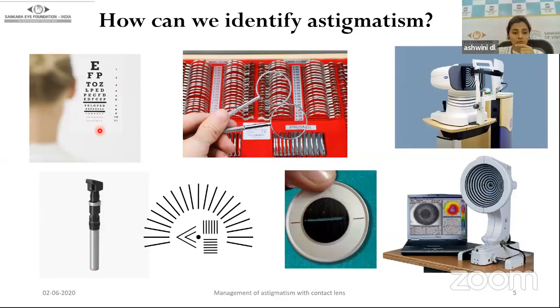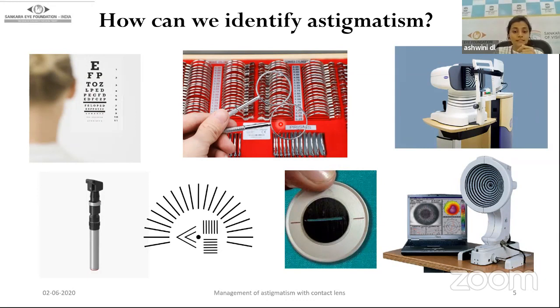When we perform objective retinoscopy, we get to see the cylindrical power. That is, the horizontal and vertical meridians may have different refractive errors. These objective values we can confirm with subjective acceptance, using the Jackson cross cylinder, in which we can confirm the cylindrical axis and the cylindrical power also.